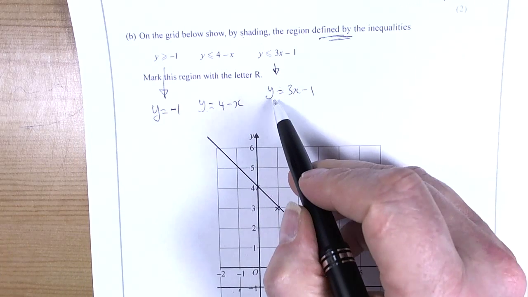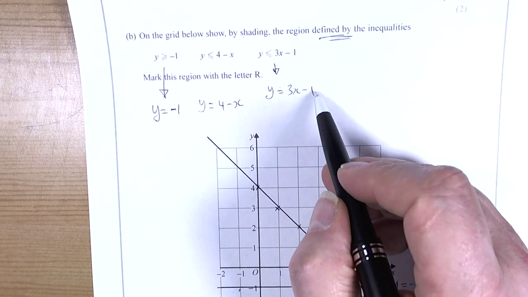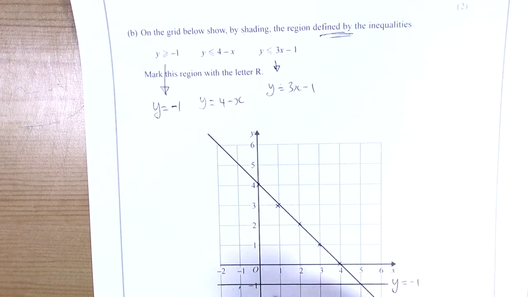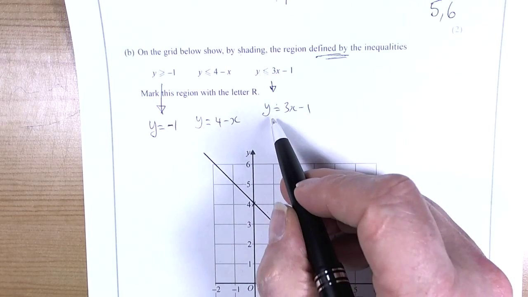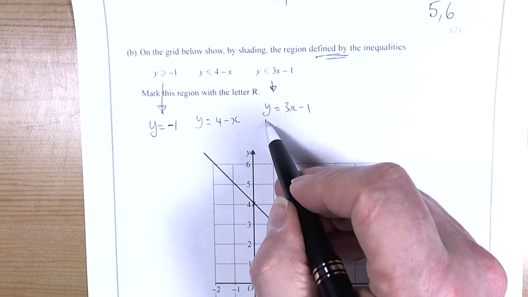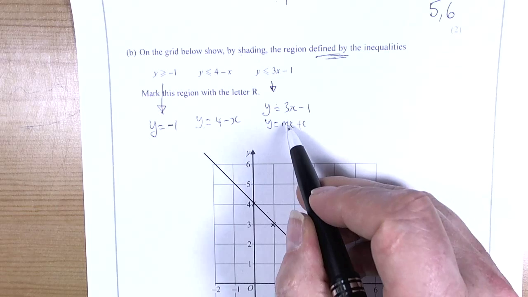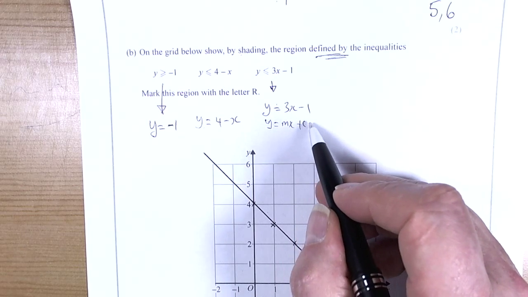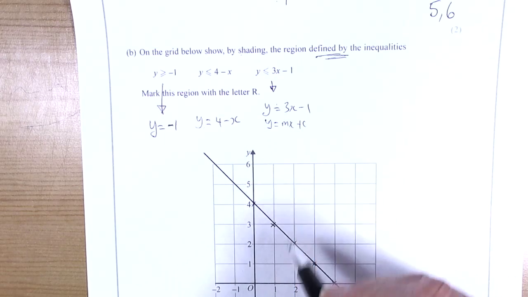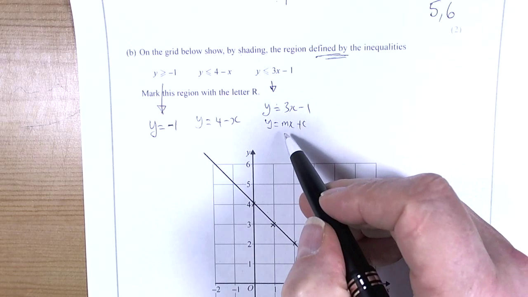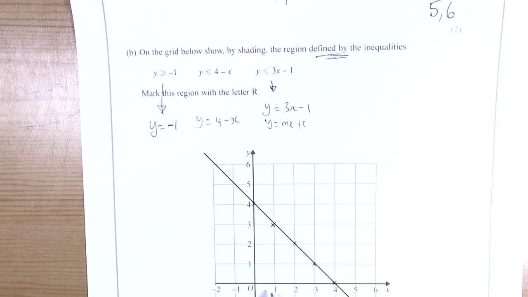And then the other line has got to be y equals 3x take away 1. The quickest way of drawing a linear line is the format y equals mx plus c. So it's going to be a straight line where m is the gradient and c is the intercept point on the y-axis. So the intercept point is -1. And the gradient of 3 tells me for every one across on the x-axis I go up 3 on the y. So 1, 2, 3.